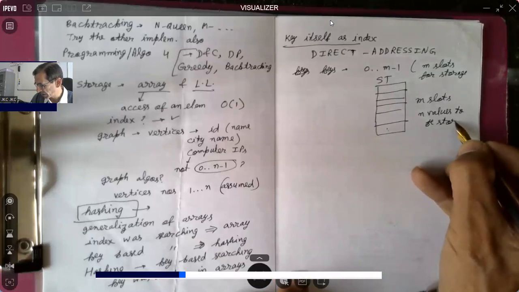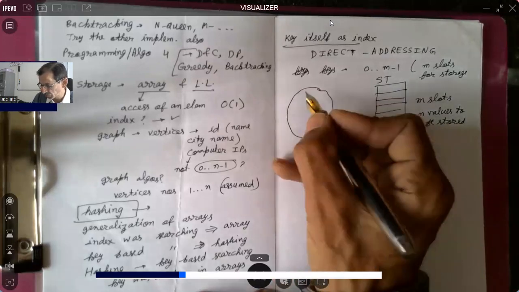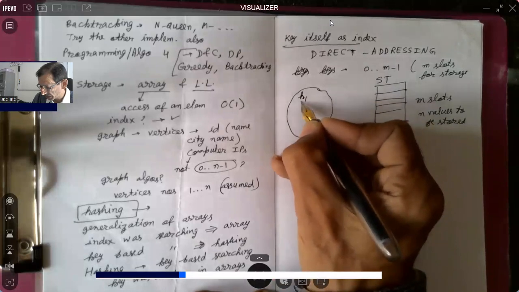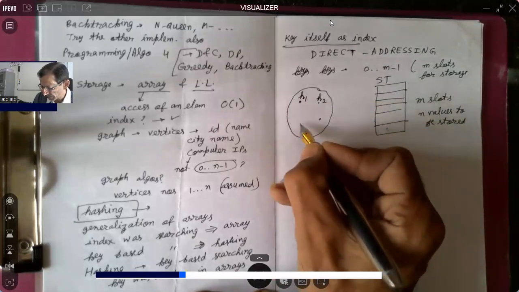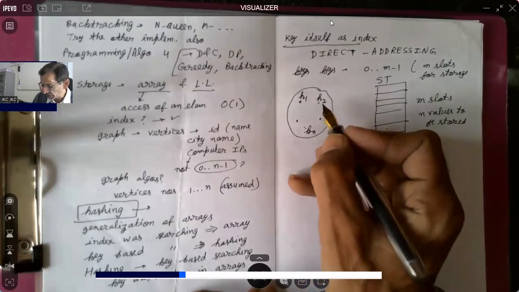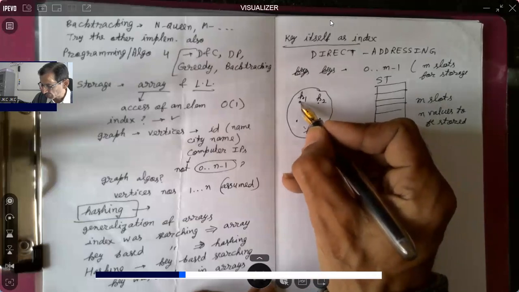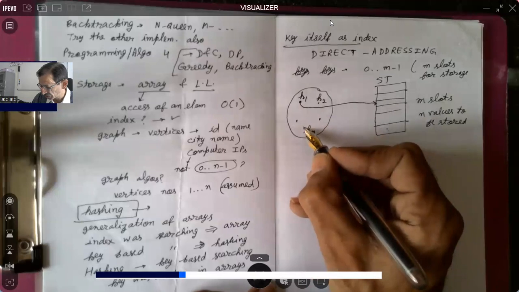So what I require is that I have all key values k1 to kn somewhere in the universe of key values. I want to ensure that for each key value there is some slot to which it maps.